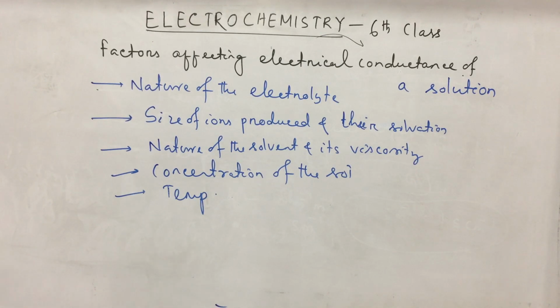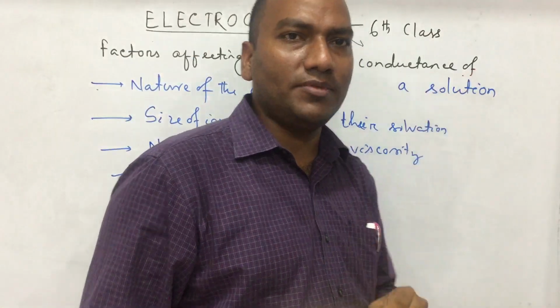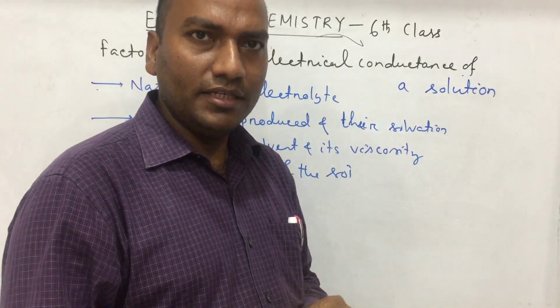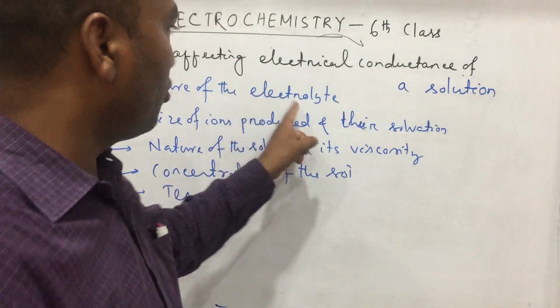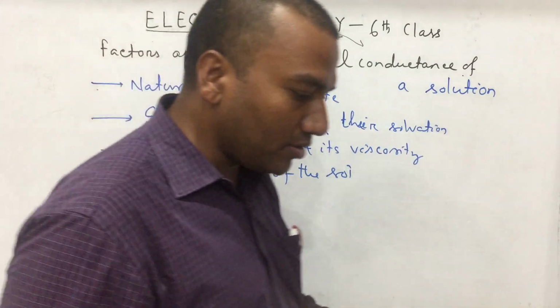Okay, so first one is nature of the electrolyte. We know electrolytes are of two types. One is strong electrolyte and another one is weak electrolyte. When the electrolyte is strong, definitely its conductivity is more. So you will remember one thing.